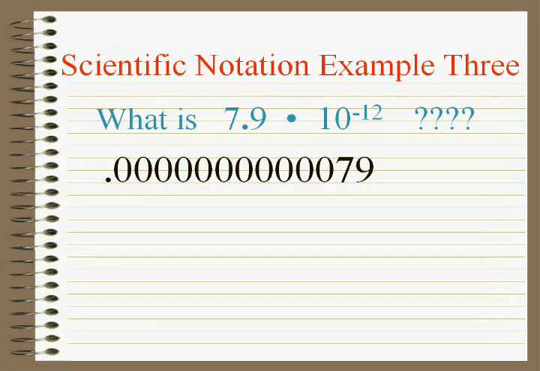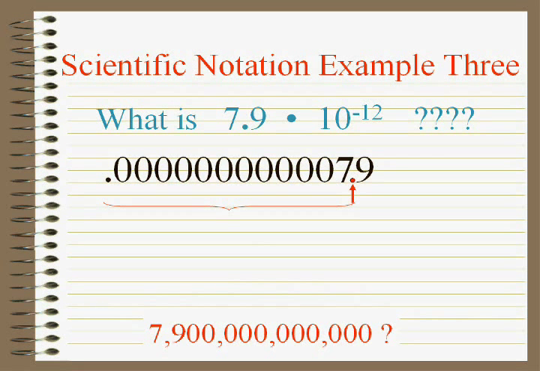It's not negative. It's a very small number. What happened? Well, we went from 7.9, a number between 1 and 10, we went 12 digits to the left, to the small direction, and it ended up there.